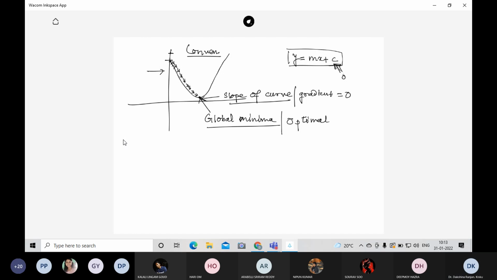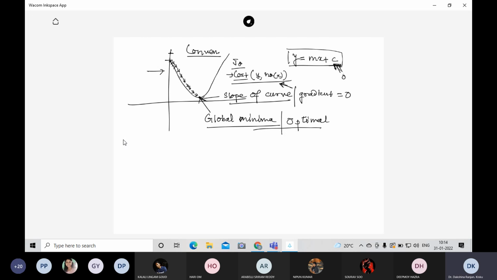This optimal representation, or this convex curve, will be obtained for the error function J theta, or if we represent it another way by rearranging this equation of the penalty function, we can have this cost of y comma h theta x.